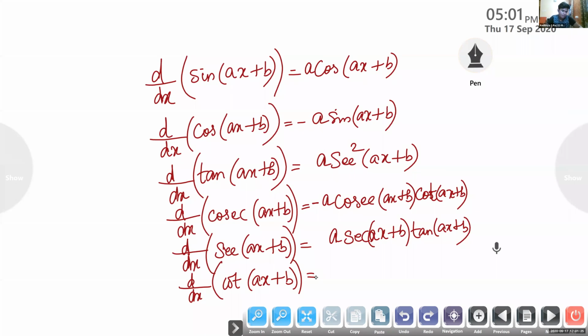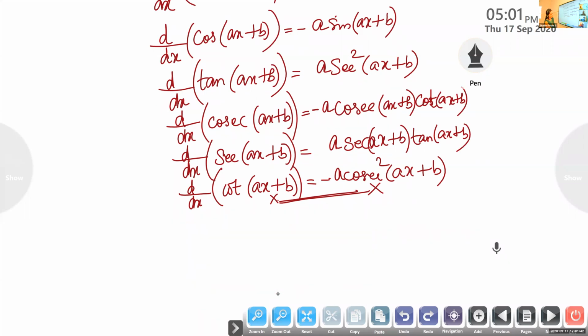Ma'am, minus cosec square of ax plus b into a. See, note down this in your formula book. You have to learn this as a formula.